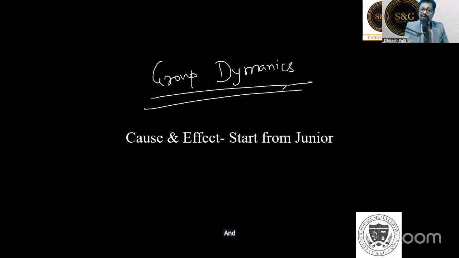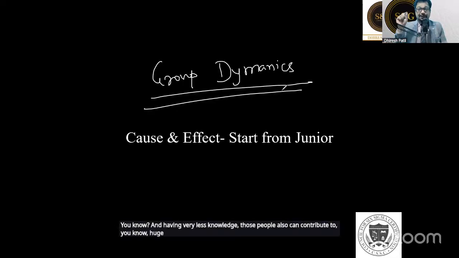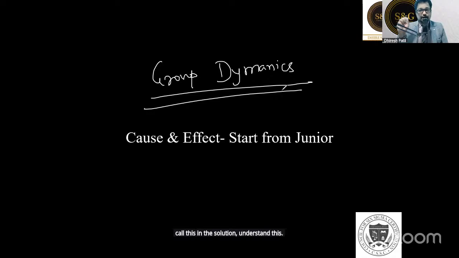And to avoid that group dynamics, actually, first we should be doing the homework. Everybody, whether that person is a junior person, a very fresh person, having very less knowledge, those people also can contribute huge causes and a solution. Understand this. Okay. So do not consider junior people's opinions or causes less important, and senior people's causes more important.